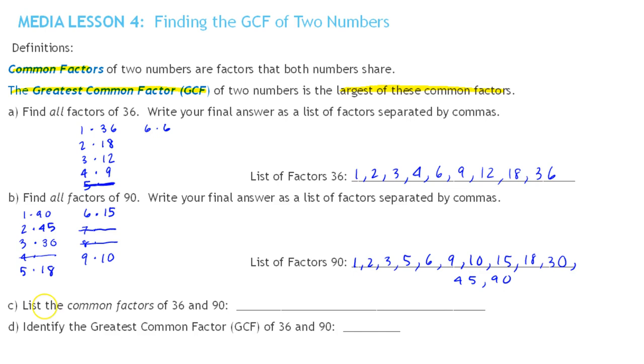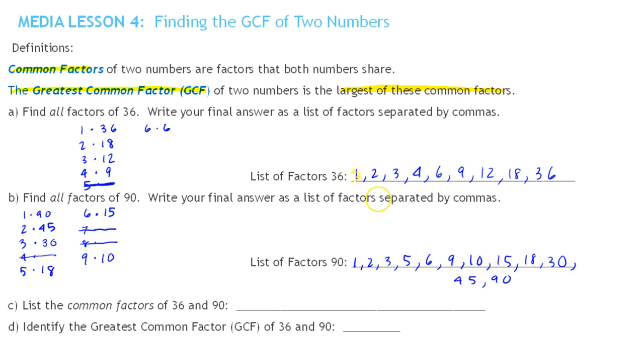Now we want to list the common factors. By definition, common factors are factors that both numbers share. So to make sure I don't miss any, I'm going to start in the list for 36. And if it matches in the list for 90, I'm going to highlight it here. Again, it's good to have a process to make sure you keep track.